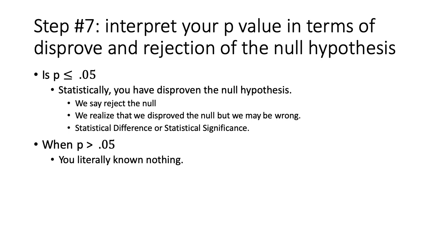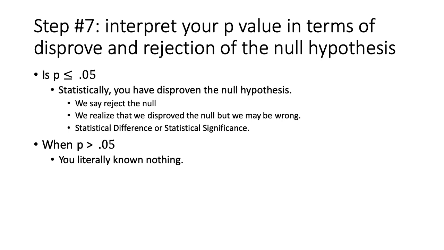There's a 2% chance of sampling a mean difference this extreme or more extreme if the null is true. So there's still a probability that I just got this mean difference by chance. But it's so small that I'm really just going to say, look, I've statistically rejected the null hypothesis.